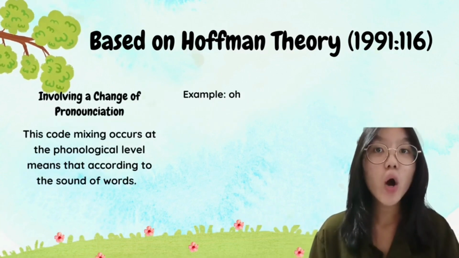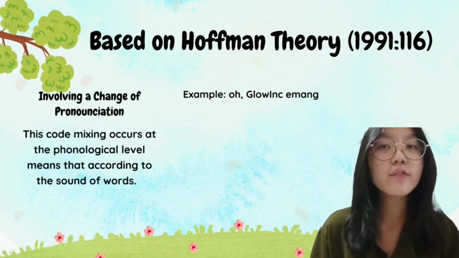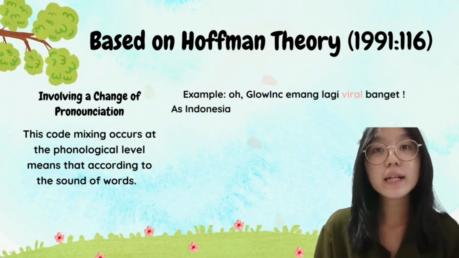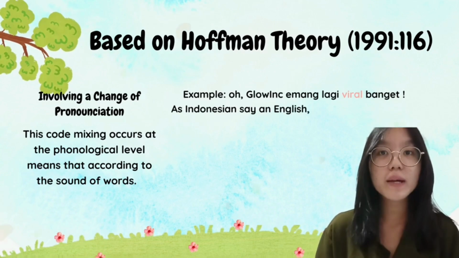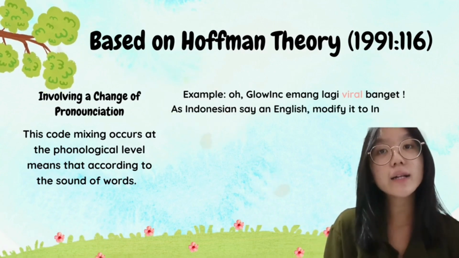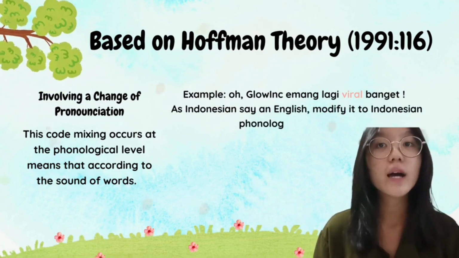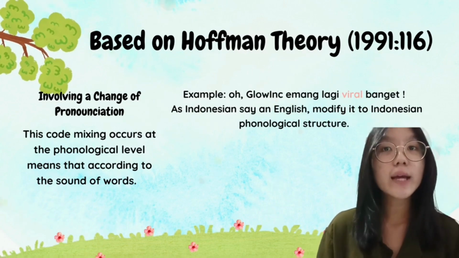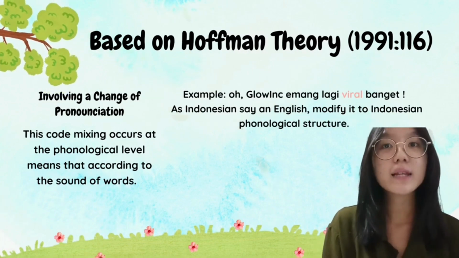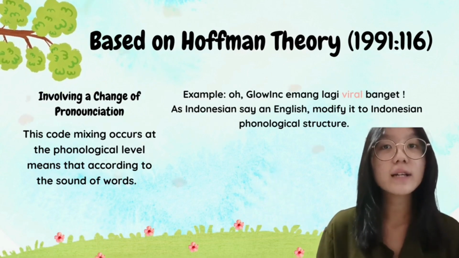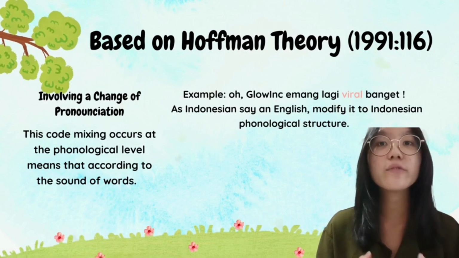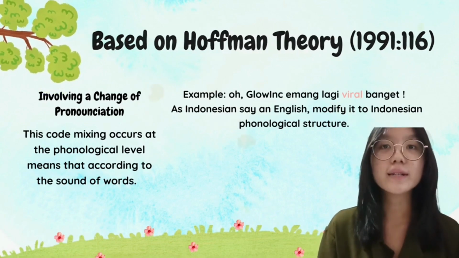And the last type of code mixing involves a change in pronunciation. Basically, it's code mixing based on the sound of the word. Like in the example, "oh glowing emang lagi viral banget." Viral is an English word, but as Indonesians, we pronounce it differently.